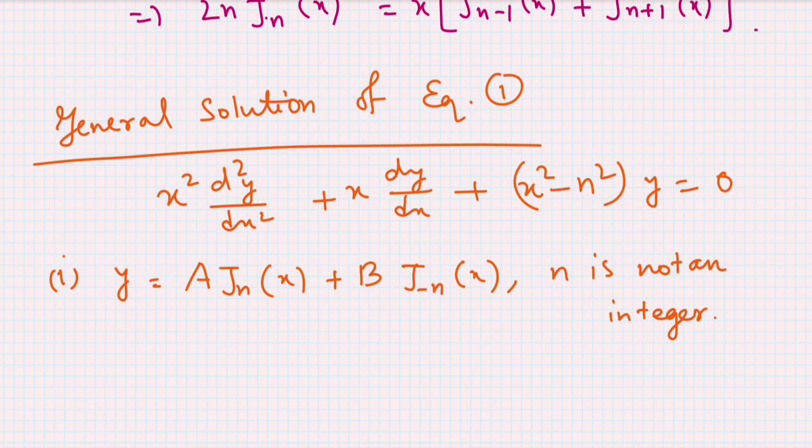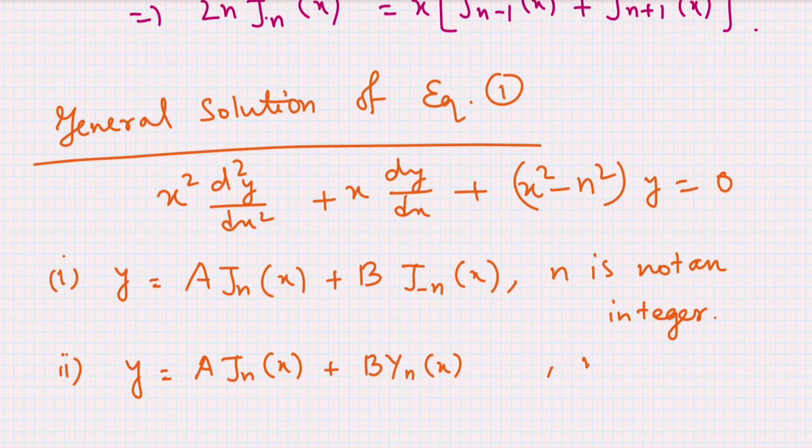And number 2 is y equal to A J n x plus B Y n x, where n is an integer.